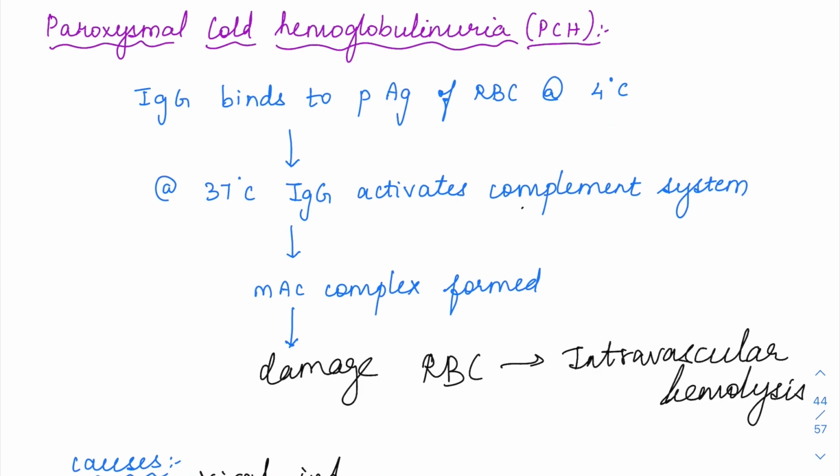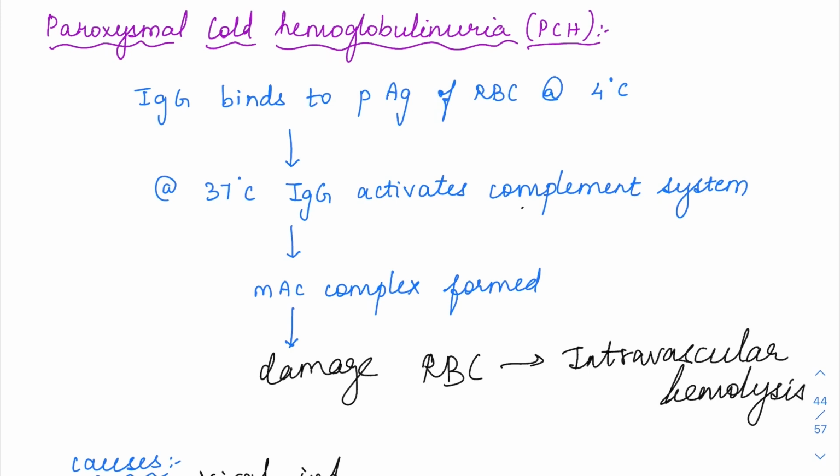So IgG is going to be there in warm AIHA, and that is at 37 degrees Celsius. For cold AIHA, cold agglutinin disease, it is the IgM kind of antibody against the I antigen of RBCs, attaching at 4 degrees Celsius and causing complement activation with C3b related opsonization, resulting in extravascular hemolysis at 37 degrees Celsius.